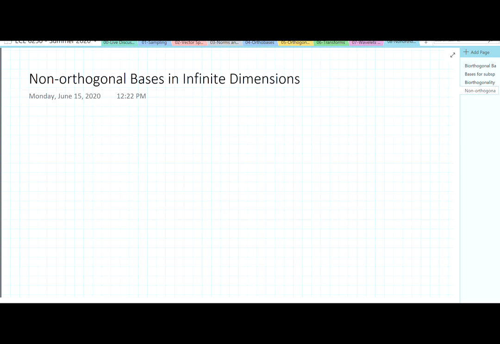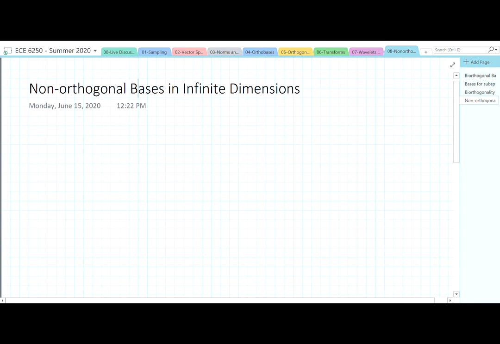Now, inverting infinite matrices suddenly gets really tricky, so we have to think about it in a different way. I'm just going to summarize some of the concepts here and give you a few examples. Then we're going to discuss splines, a very useful application and example of non-orthogonal bases, in the next lecture.